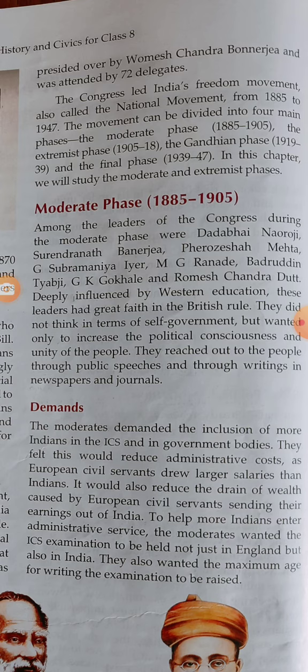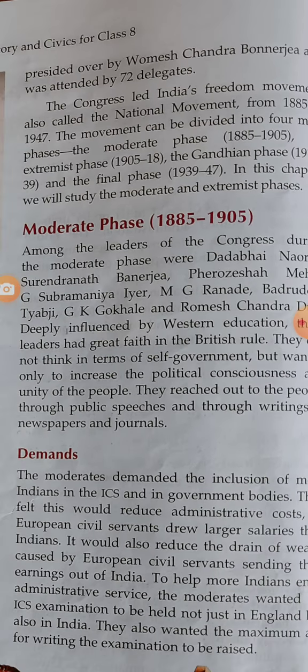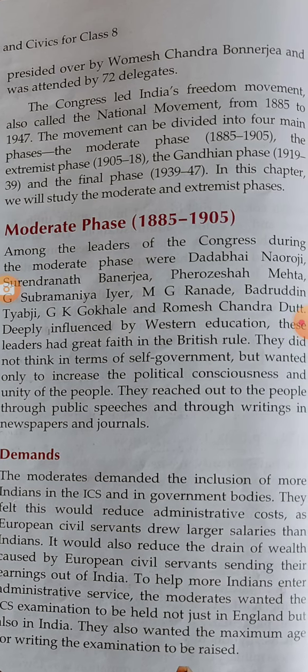Basically, we started this struggle for getting independence, to show the feeling of nationalism, or to remove the Britishers from the country, from 1885 till 1947. In this chapter we will study only the moderate and extremist phases. The next two topics we will continue in the next chapter.